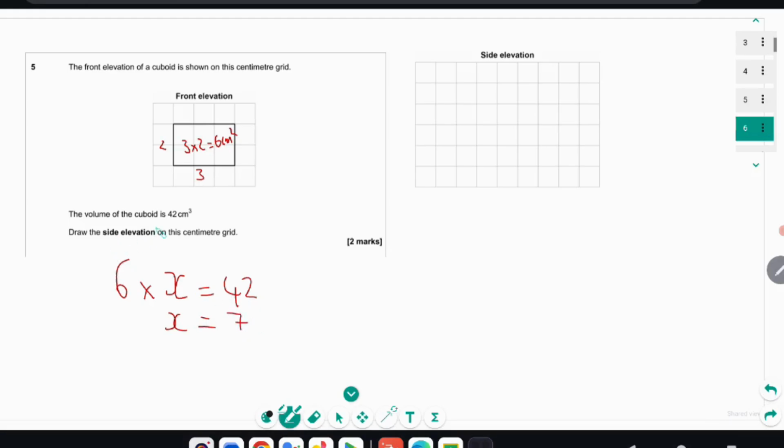So the depth, also we'll call it the length, goes back 7 centimetres. So looking at it from the side, you'd see a rectangle of length 7 with height of 2. You just need to draw a 7 by 2 rectangle, and the answer is correct.